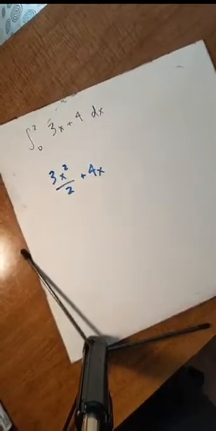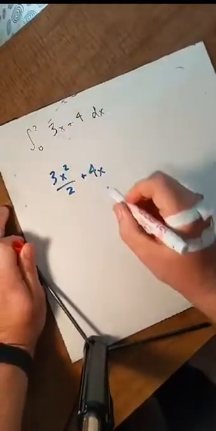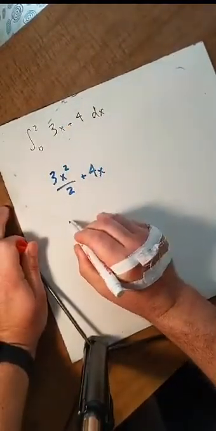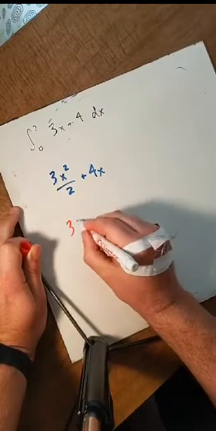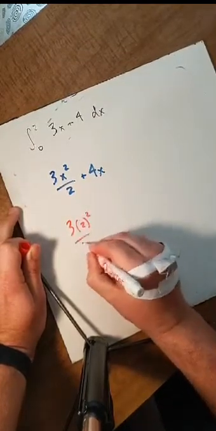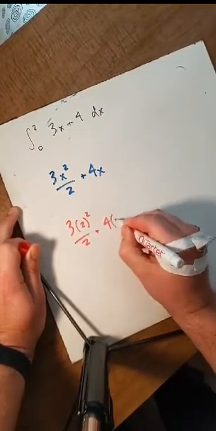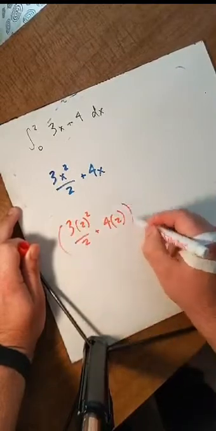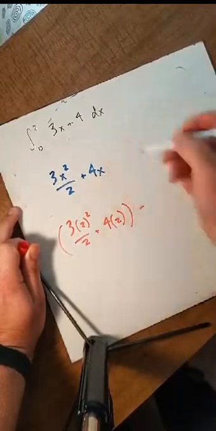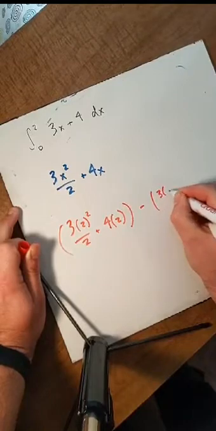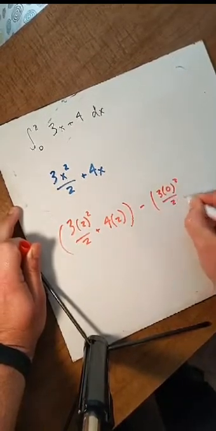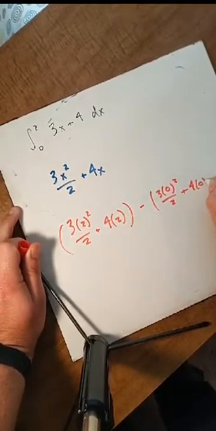Alright, so what we're going to do is plug in 2 and 0. If I plug in 2, I'd get 3 times 2 squared over 2 plus 4 times 2. I'll find that answer, and then we'll subtract. We'll plug in 0, which would be 3 times 0 squared over 2 plus 4 times 0.